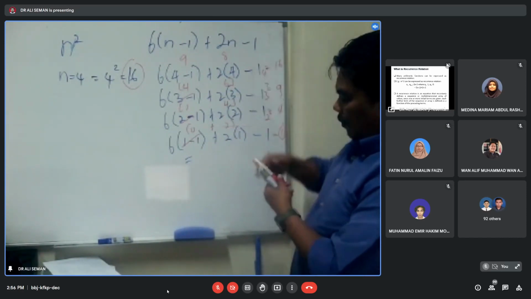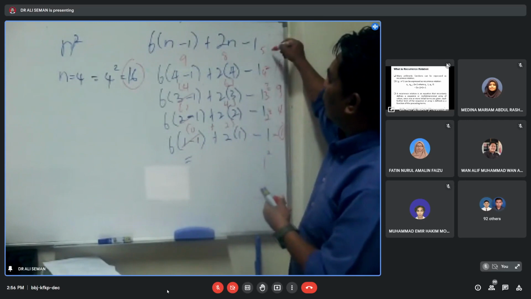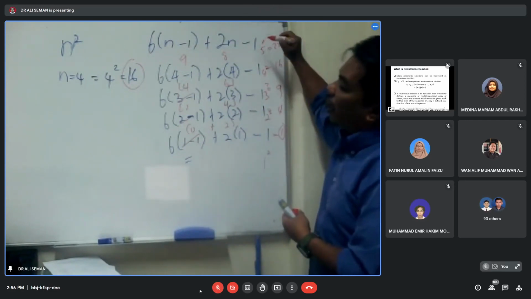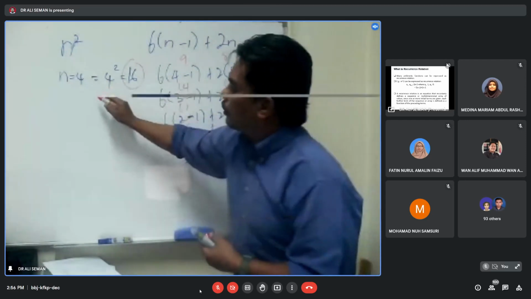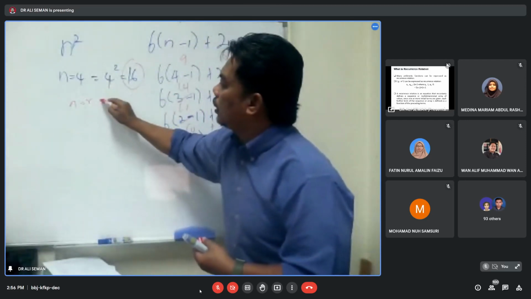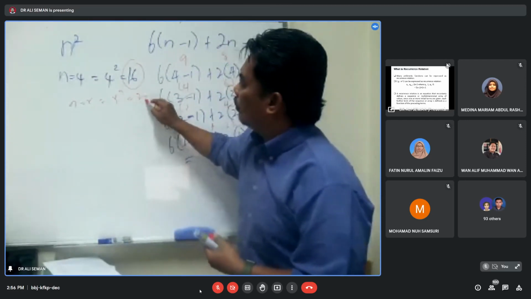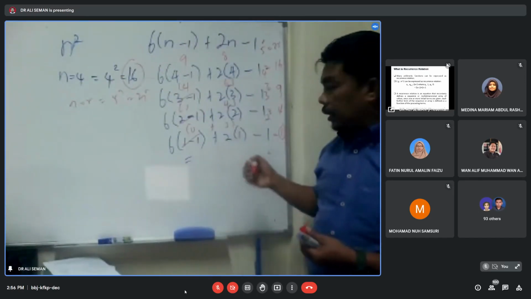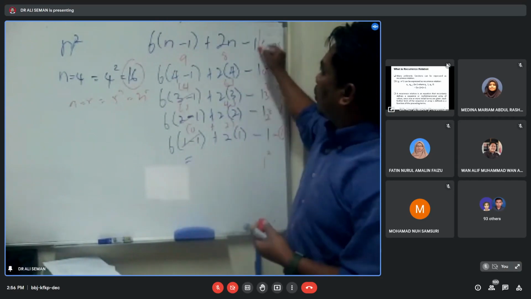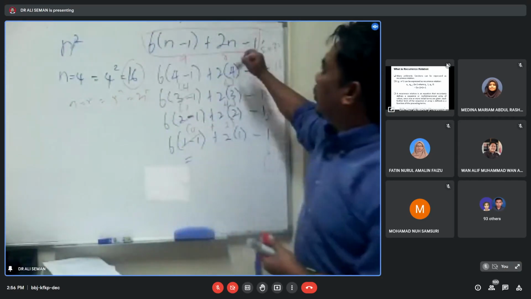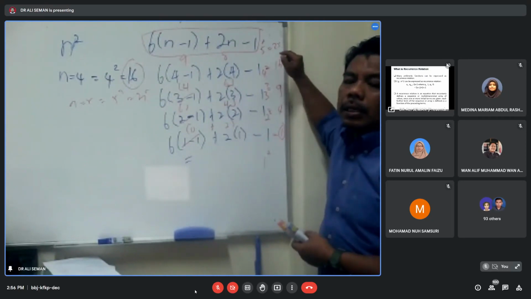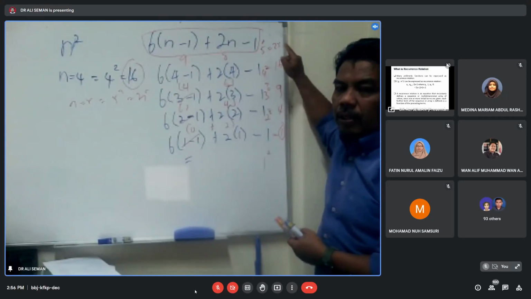If 5 squared, 25, we can put n equal to 5 and trace in the same way. This is the formula; that's why we can formulate it here. The formula is given already, then we can trace it and prove that this is actually the same answer. And this is called the recurrence.